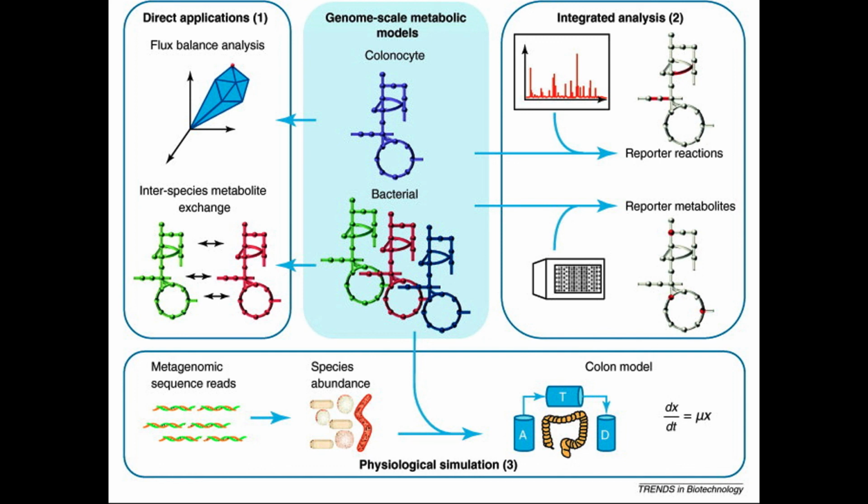If you think about it, a model is just a hypothesis, and this is one of the ways that we can use genome scale models to make direct predictions on what we think are possible outcomes in biological contexts of really complex systems. We'll talk more about systems when we talk about systems biology, but it's quite a feat to be able to do this kind of thing.